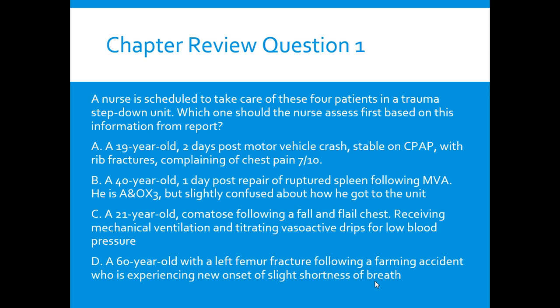A 40-year-old, 1 day post-op, repair of ruptured spleen following MVA. He's A&O x3, but slightly confused about how he got to the unit. A 21-year-old, comatose, following a fall and flail chest, receiving mechanical ventilation and titrating a vasoactive drip for low blood pressure. A 60-year-old with a left femur fracture following a farming accident who's experiencing new onset of slight shortness of breath. That's a hard one.